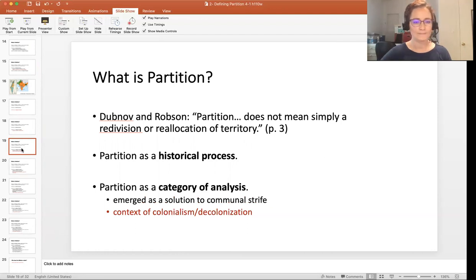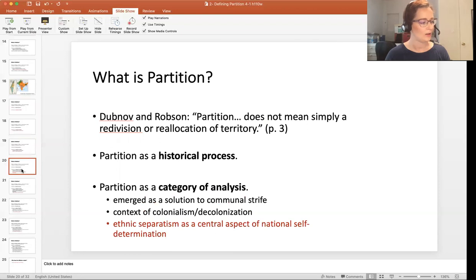Next, partition emerges in the context of colonialism in the 1920s or decolonization in the 1940s, 1950s. Dubnov and Robson talk more about this, so I won't belabor this point. Next, ethnic separatism becomes a core aspect of national self-determination as an ideal.